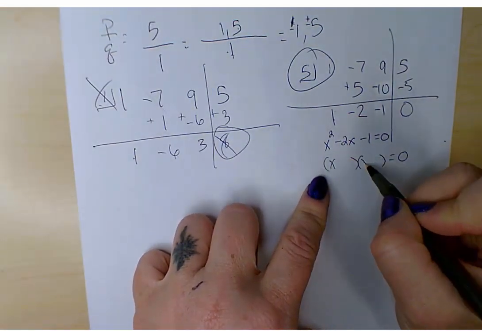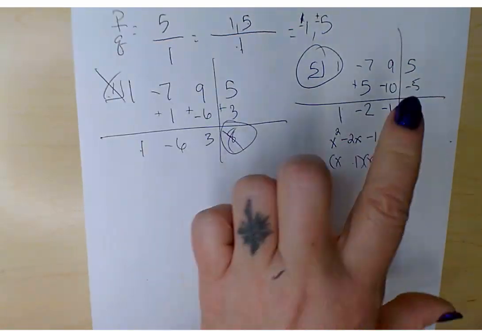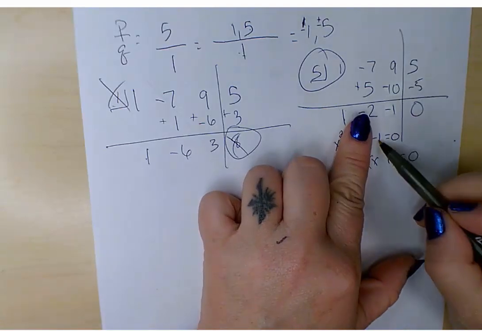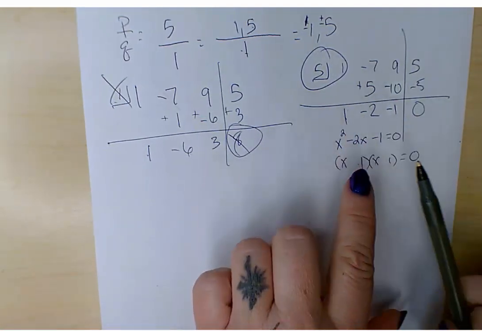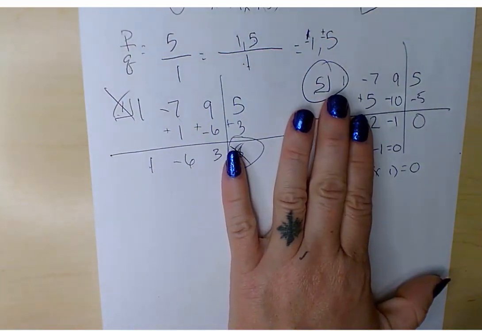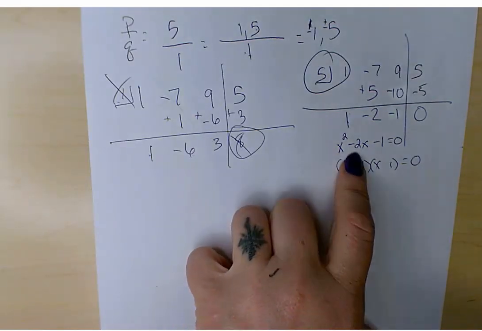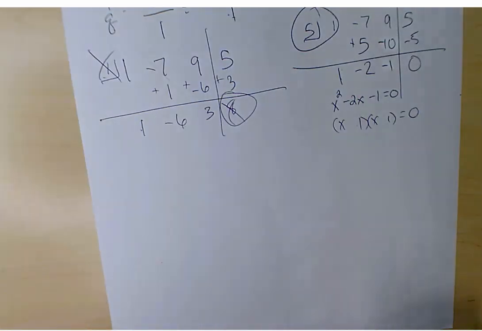Well, let's see. X times x would give us x squared. 1 times 1 would give us this 1 here. Looking at our signs, though, we know we need to have different signs based off of this negative. If your last number is negative, these are going to be different. If this last number is positive, these signs are going to be the same. Now, whatever sign the middle term is, that tends to go with a bigger number. Now, both of these numbers are the same.